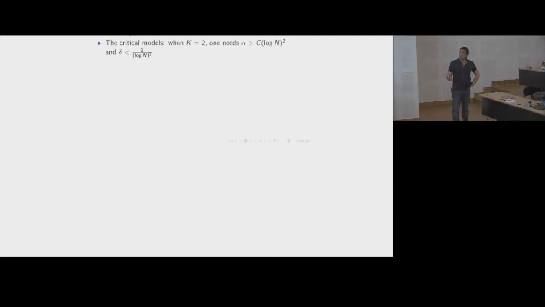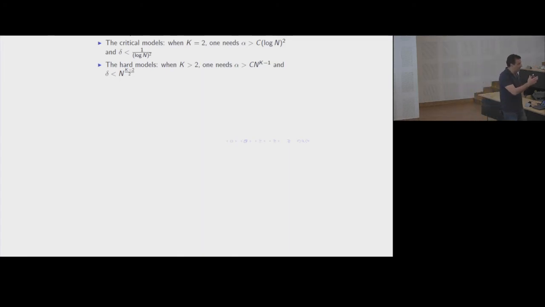Then, of course, the hard model, where are they? Oh, they're coming. The hard model, when k is larger than 2, then you need alpha larger than this, which corresponds to the threshold we had before. Because remember, alpha is m over n, so this means that m is larger than n to the k minus 2. In fact, this is slightly better than what I told you before for tensor PCA. What we had initially was that m had to be much larger than n to the p minus 2.